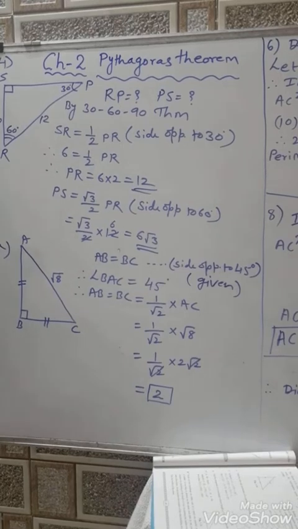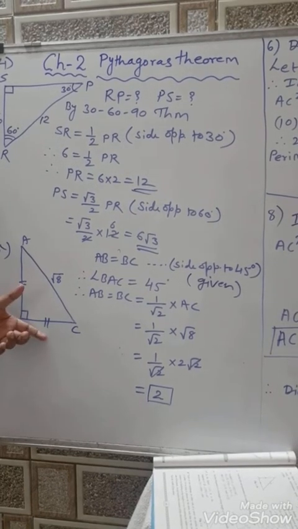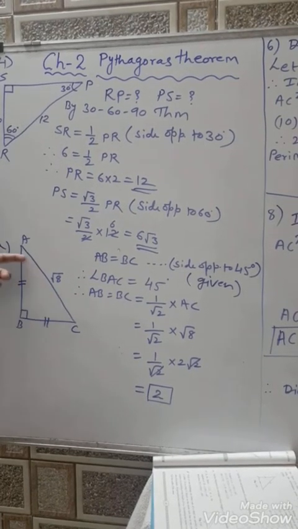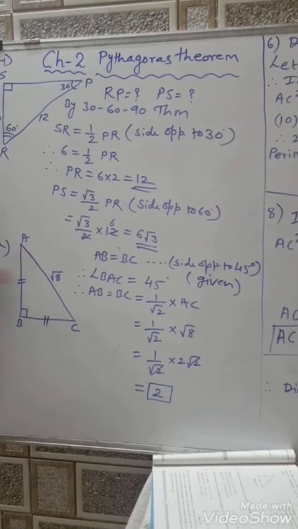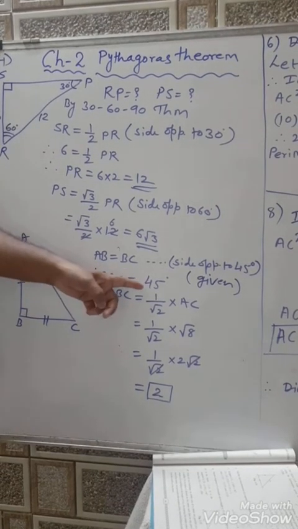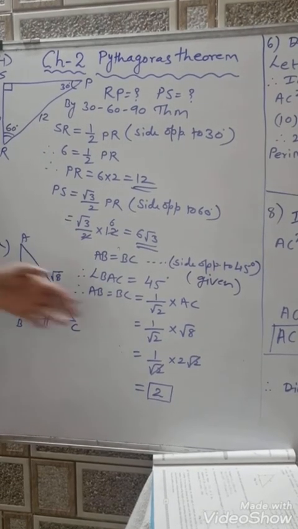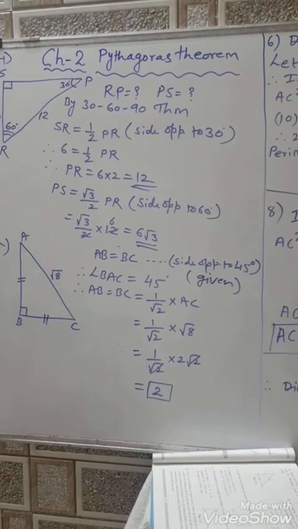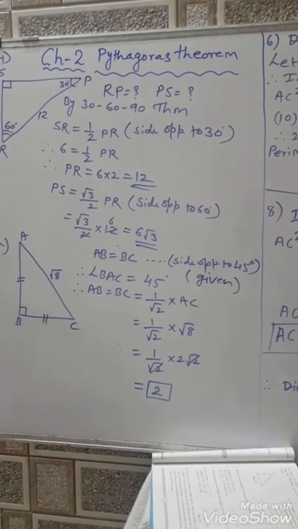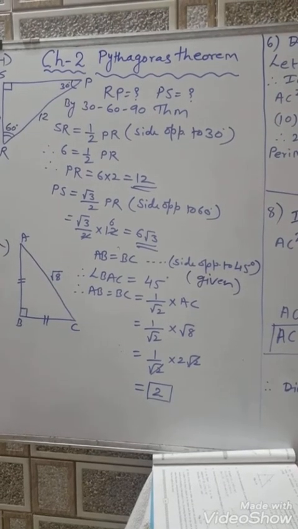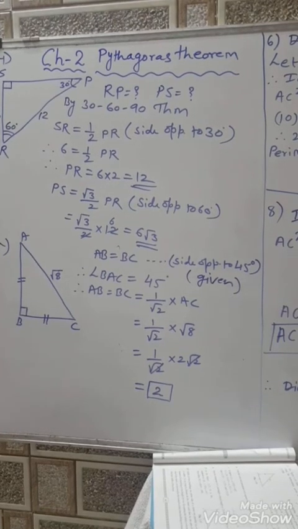Now, we know that these two sides are equal. It means their opposite angles are also equal. So it means BAC is 45 degrees. Now AB equals BC. So here we use the theorem of 45-45-90. Side opposite to 45 is 1 upon square root of 2 into hypotenuse.